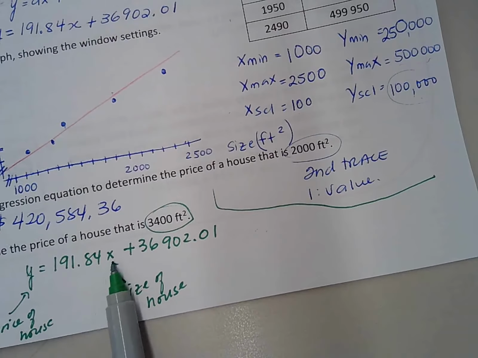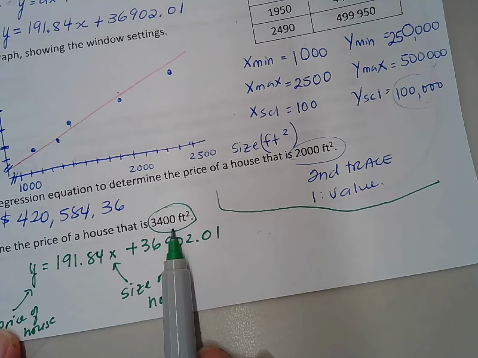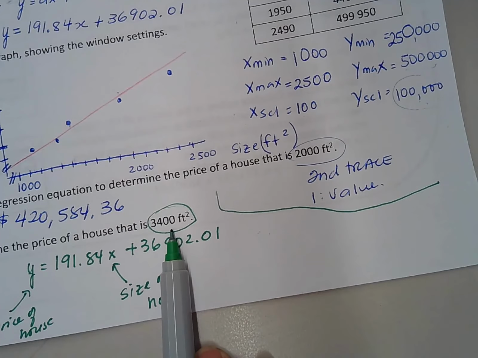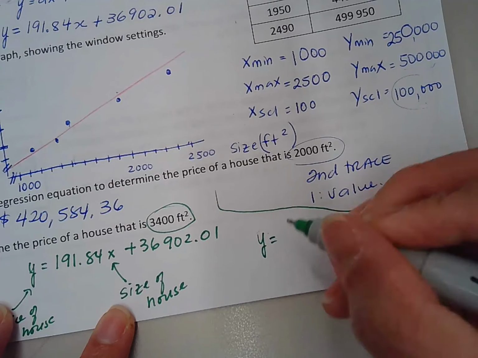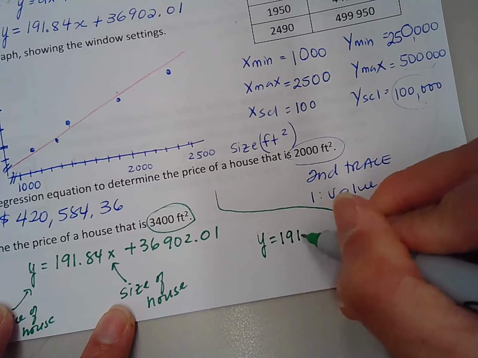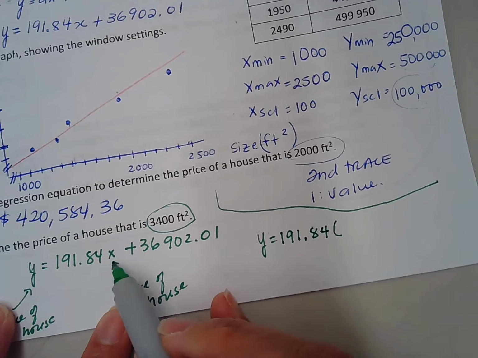I know the size of the house. It's 3,400. So I can use that information to find out the y. So y is equal to 191.84 times x.